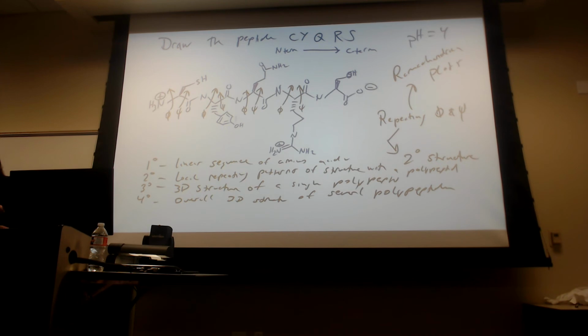Should have 3 nitrogens. Should be 4 carbons, 1 from the alanine. That's right, 1, 2, 3, 4. And you want corrected notes.